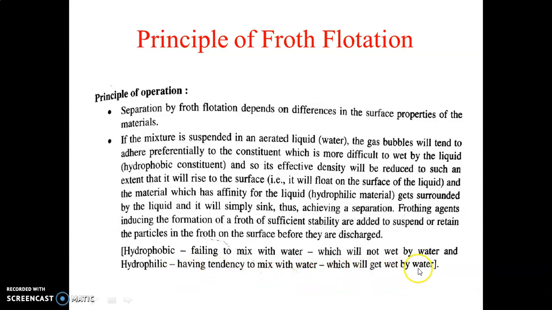The material which does not mix with the water is collected at the top of that froth flotation cell or equipment, and the material which has attraction to water, or mixes with it, is collected at the bottom of that cell. So we will see the actual figure.